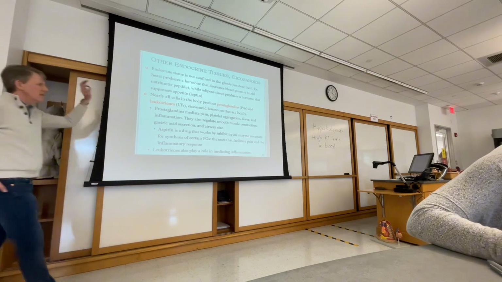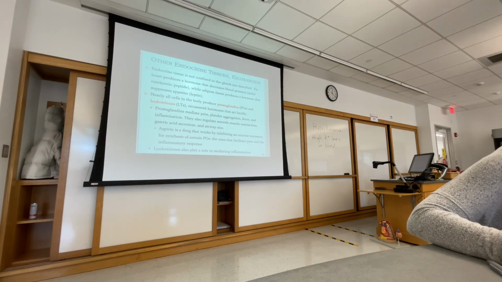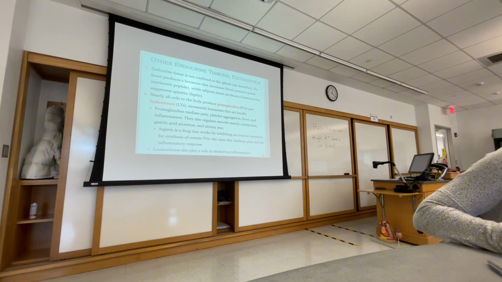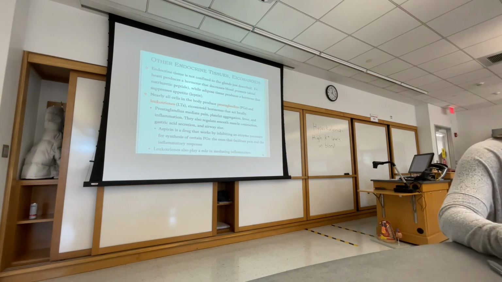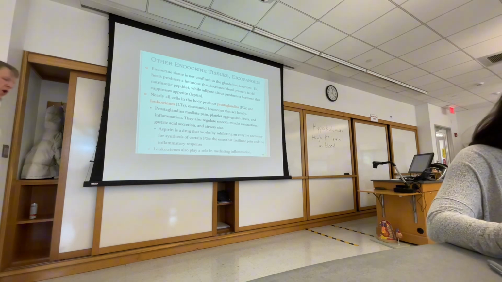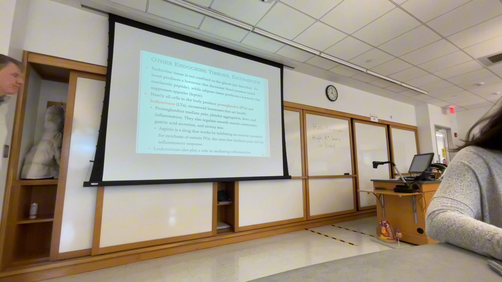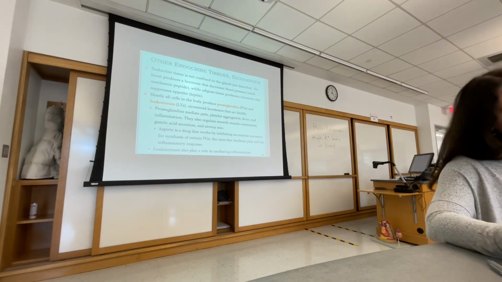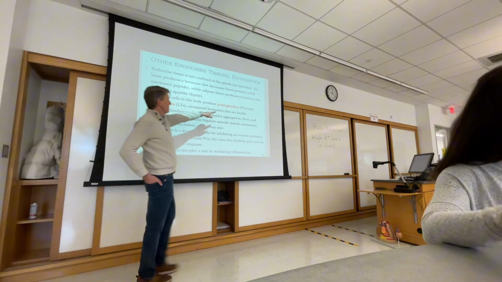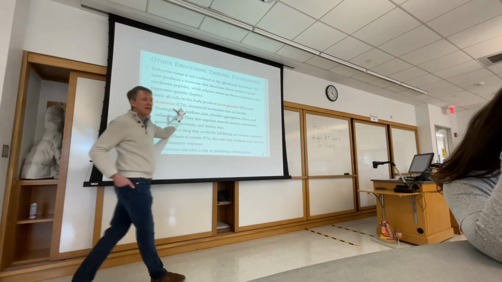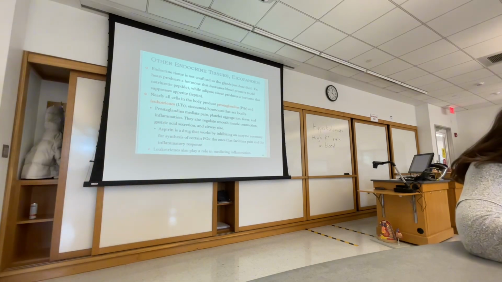Prostaglandins and leukotrienes, these are eicosanoid hormones. They're under the category of lipid-soluble hormones. Remember, they come from a 20-carbon fatty acid called arachidonic acid. These hormones are local hormones, okay? You don't put these guys into the blood, they don't circulate, but they do act locally.